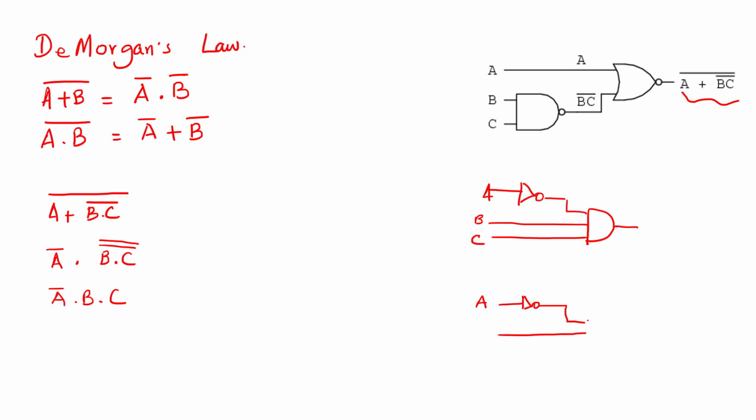I will use the first AND gate to AND A not and B, so A bar B. And in my second AND gate, I will add in C as well. So this here is going to be A bar and B and C. Same thing over here, A bar and B and C.